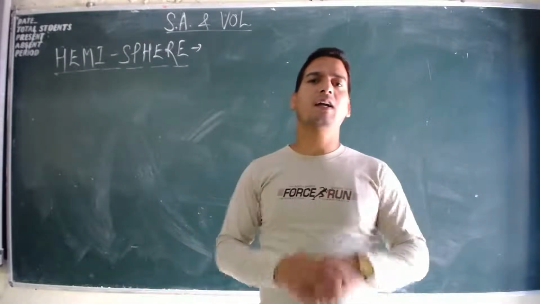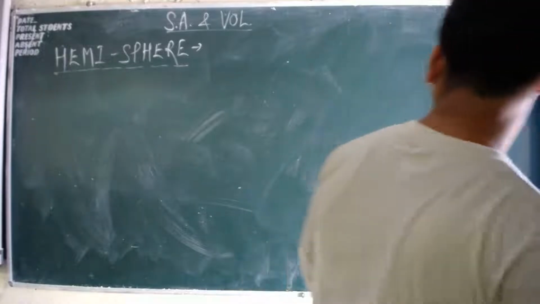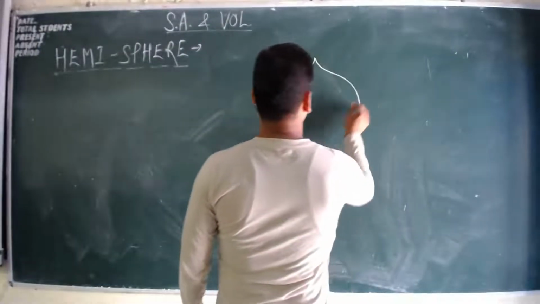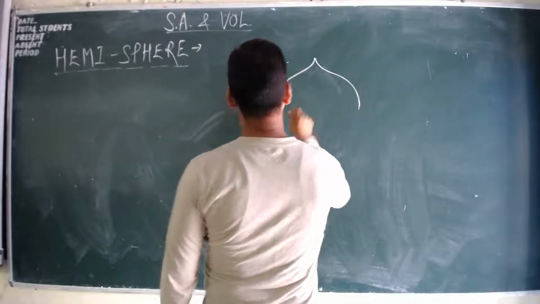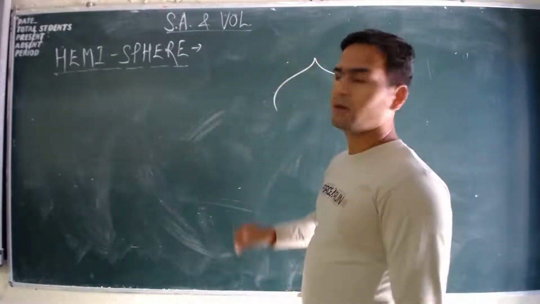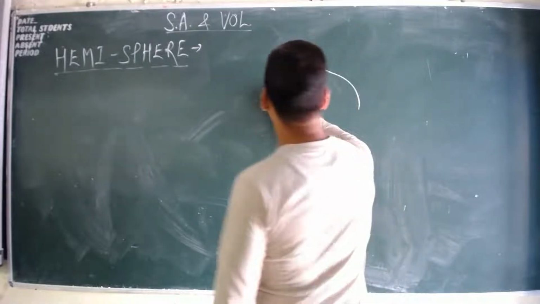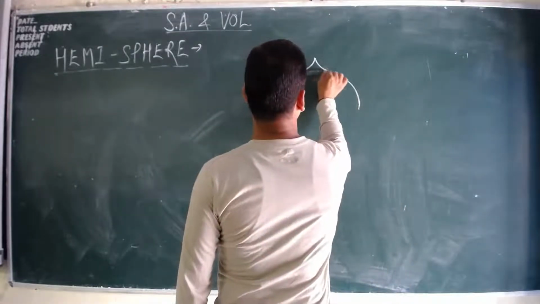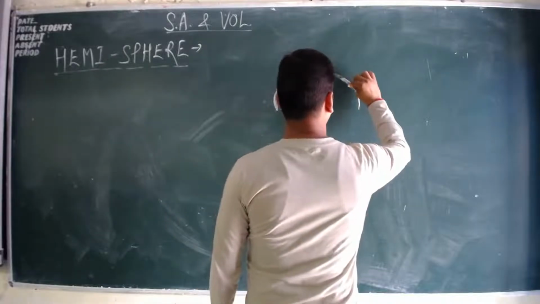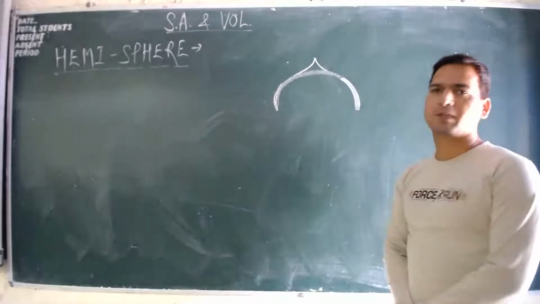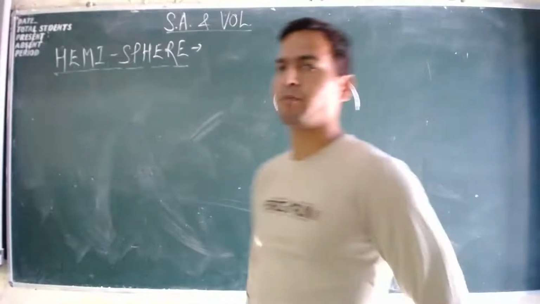From the outside, the shape of the dome is like this. But when you see this dome from the inside, you will see the shape is hemispherical. Hollow hemispherical, you can see.